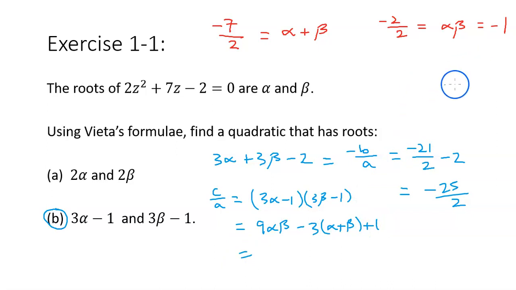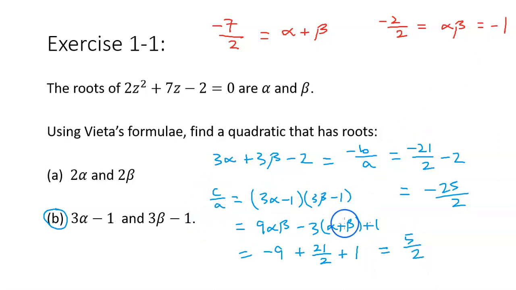And we know that alpha beta is negative 1, so negative 9, minus, this time plus 21 divided by 2, and then just plus 1. Cool. Okay, and by my calculations, that is 5 over 2.